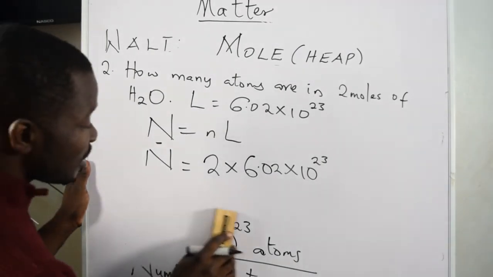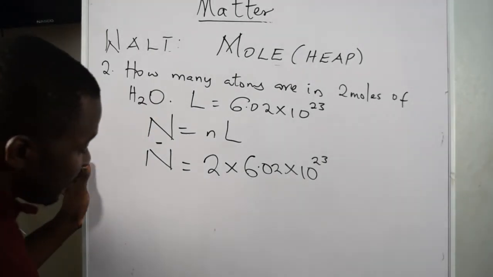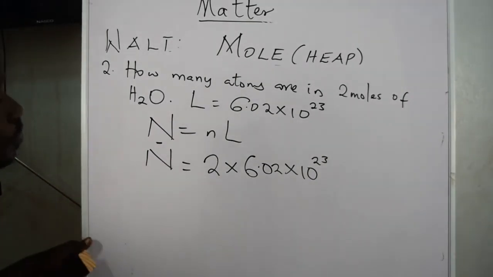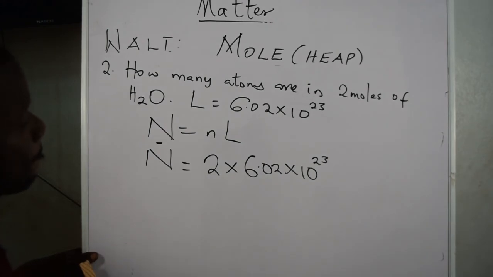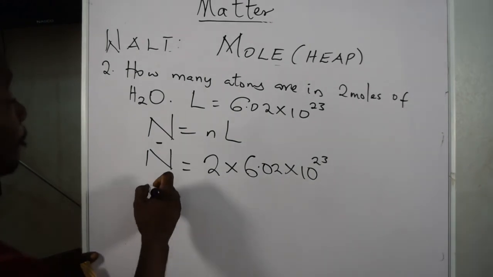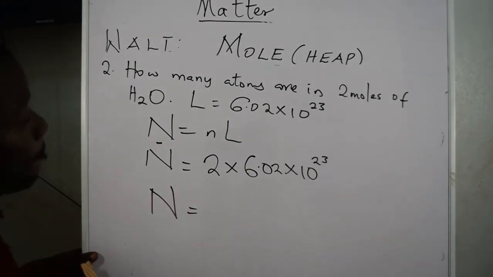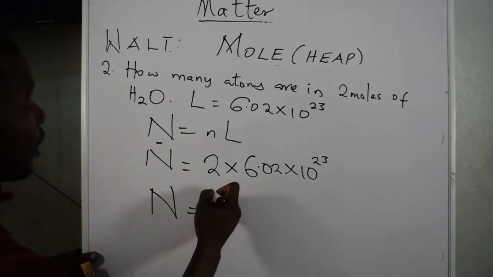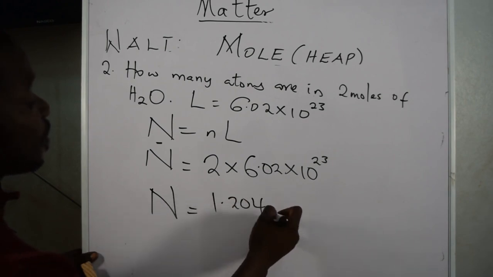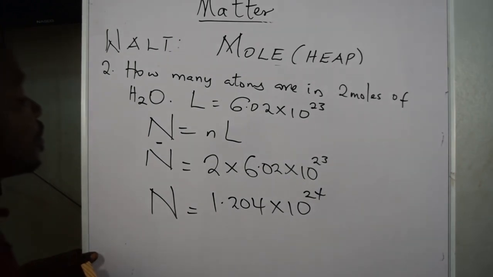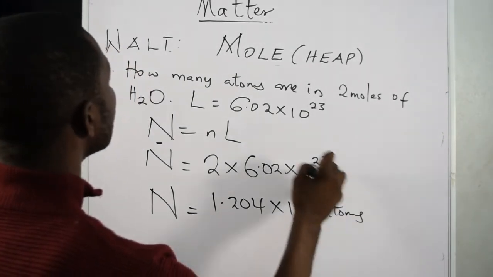You pick your calculators and do that for me. 1.204 times 10 to the power 24 atoms. Because we asked how many atoms.